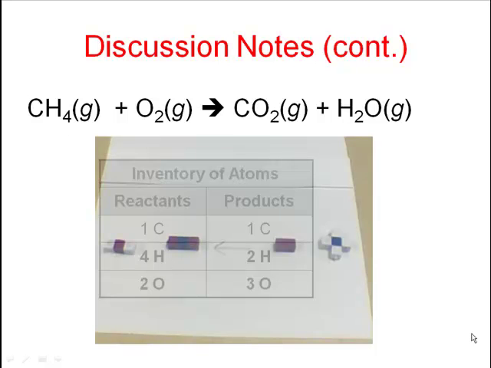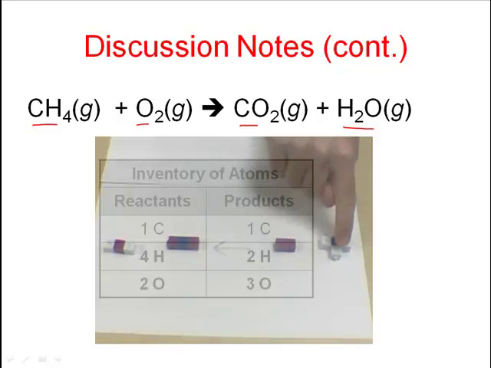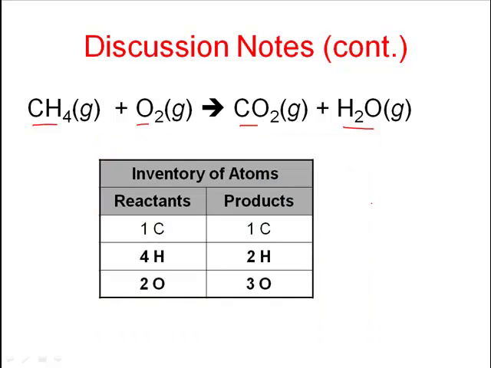If we look here at this reaction, this is methane being added to oxygen, producing carbon dioxide and water. If we inventory this, first of all, here you'll see there's one carbon, there's 4 hydrogens, and there's 2 oxygens on the left side, reactant side.